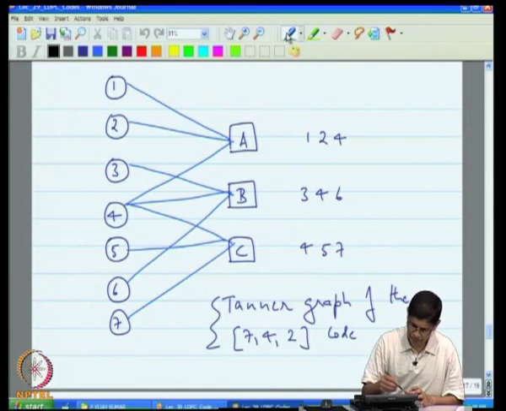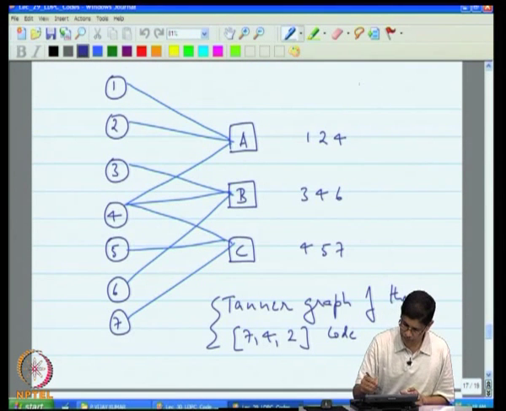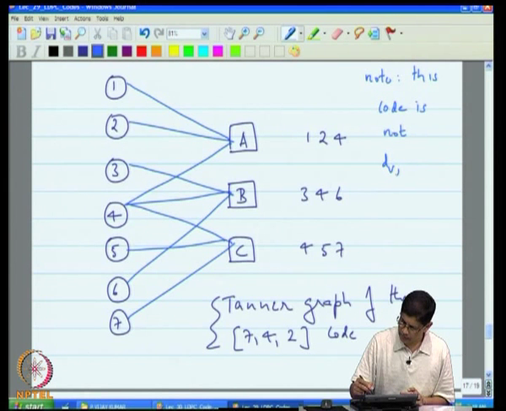So maybe it is worth just making a quick note. Note this code is not DV-DC regular.